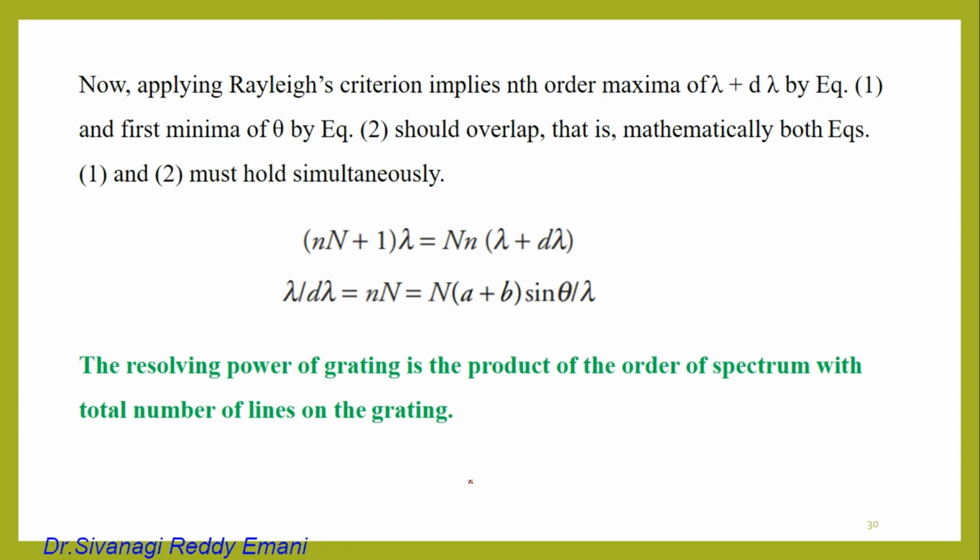So we get this expression, and on simplification we get lambda by d lambda equal to nN, equal to N into (a plus b) sine theta by lambda, where small n is the order and capital N is the number of slits. So the resolving power of a grating is the product of the order of the spectrum with the total number of lines on the grating. You can identify the resolving power of a grating by using this formula.